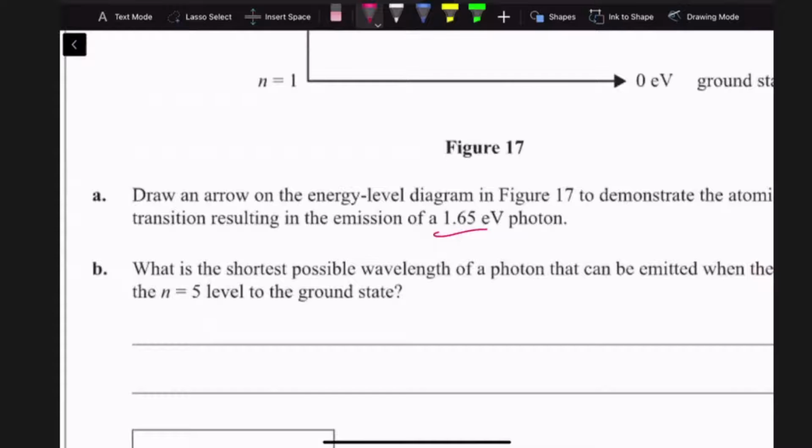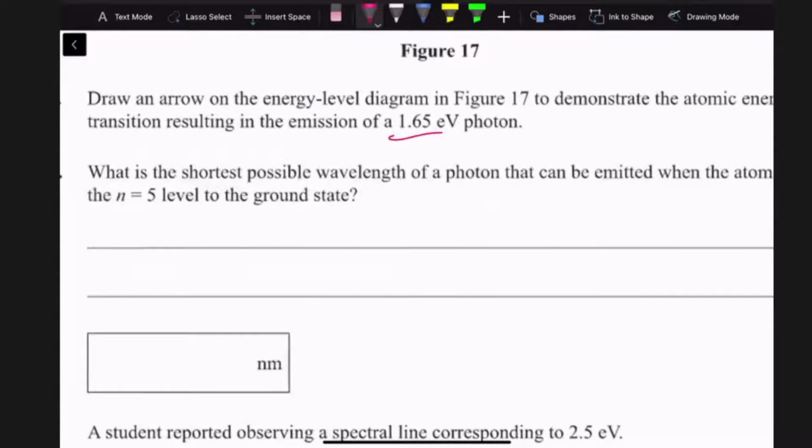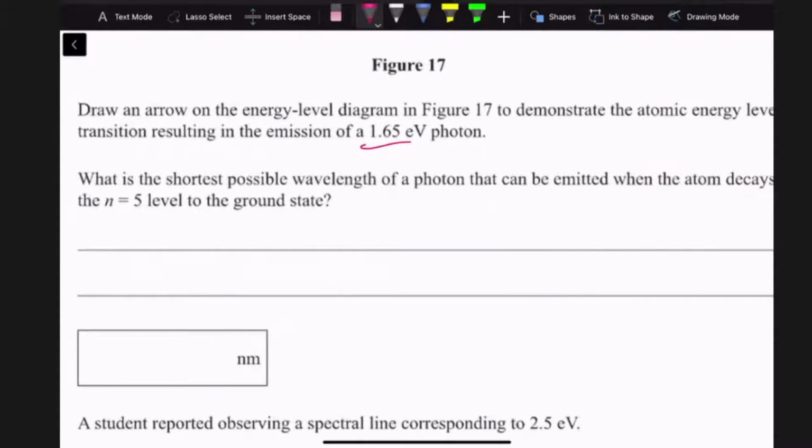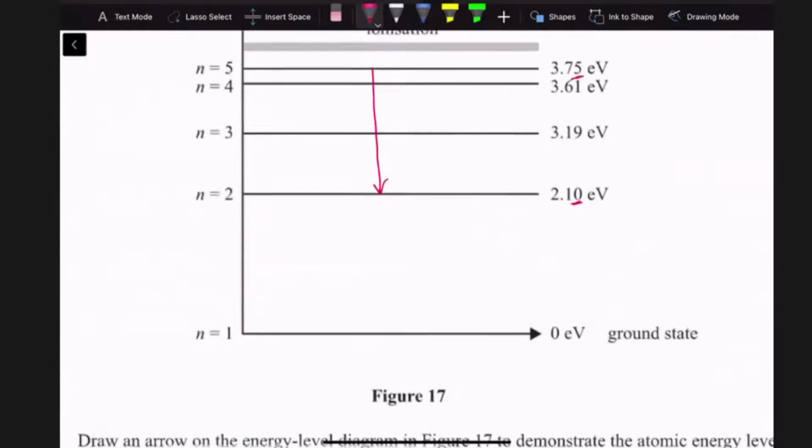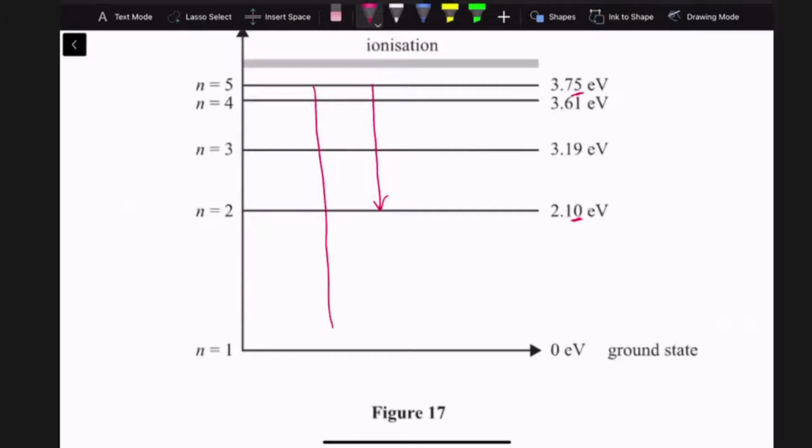So what is the shortest possible wavelength of photon that can be emitted when n equals 5 to the ground state? The shortest possible wavelength of a photon is actually the one that releases the most energy. You can see in the equation E equals hc over lambda. So if we want lambda to be really small, then E is going to be really big. So we're looking for the largest energy, and the largest energy would obviously be all the way to the ground state.